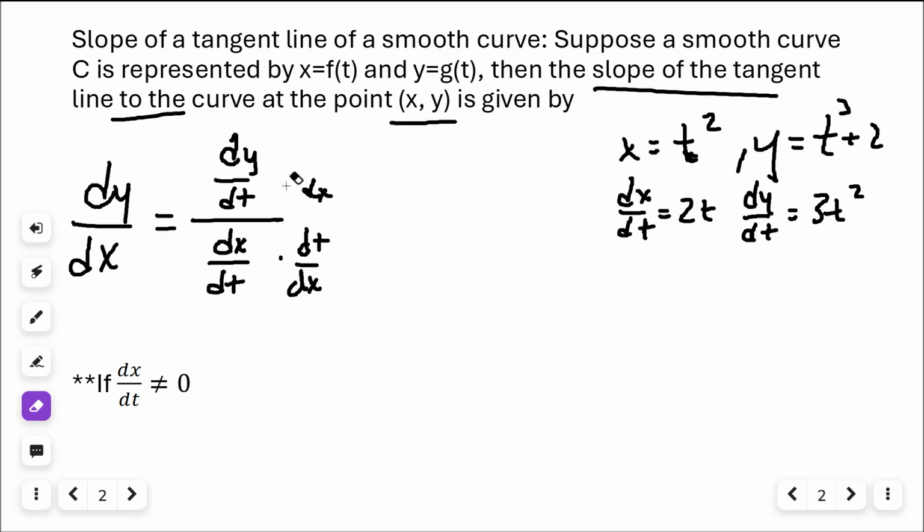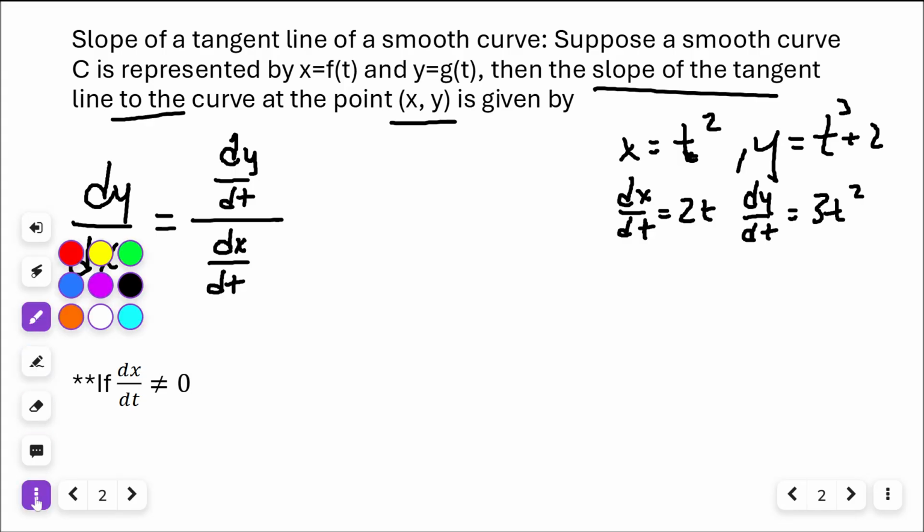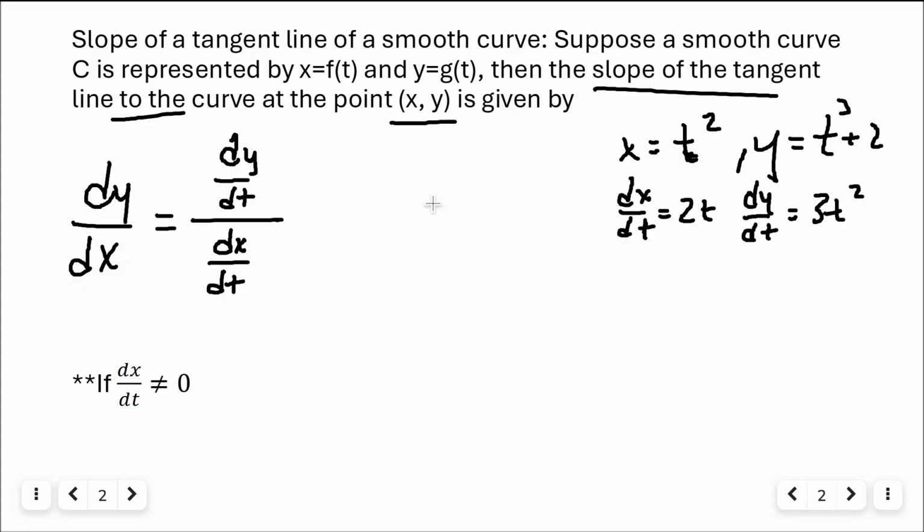Okay? So that is how you find the slope of a tangent line in parametric form. So dy dx is equal to dy dt divided by dx dt, as long as dx dt is not 0, right? If dx dt is 0, okay, then the slope of the tangent line is undefined, right? And that would be a problem, okay? So it's a pretty simple definition.